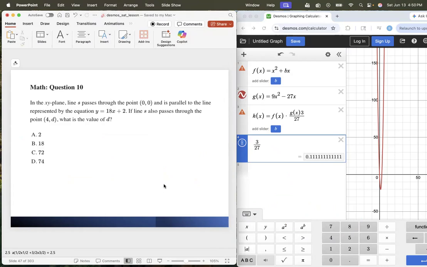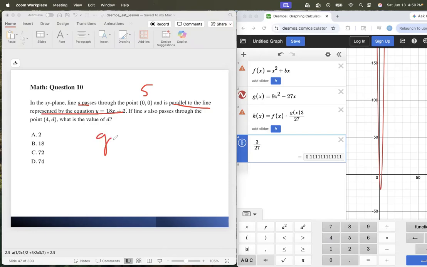In the xy plane, the line s passes through this point. So that's the s point. This s passes through this, and it's parallel to this equation. That means the gradient is still 18. s also passes through this point, 4, d, right? What is the value of d?